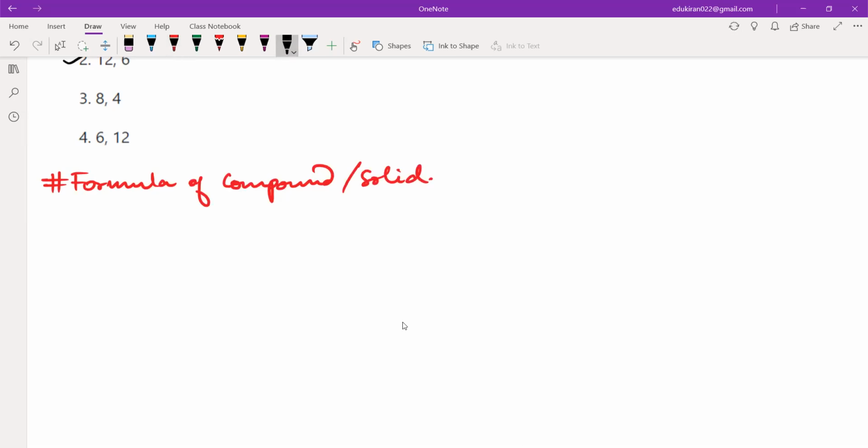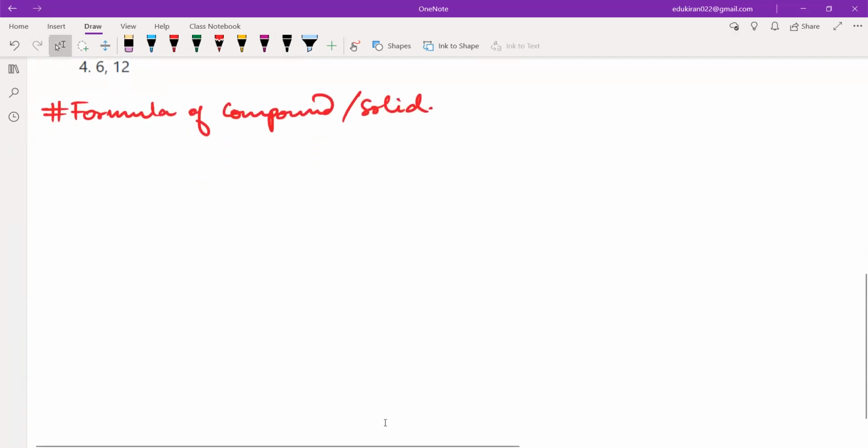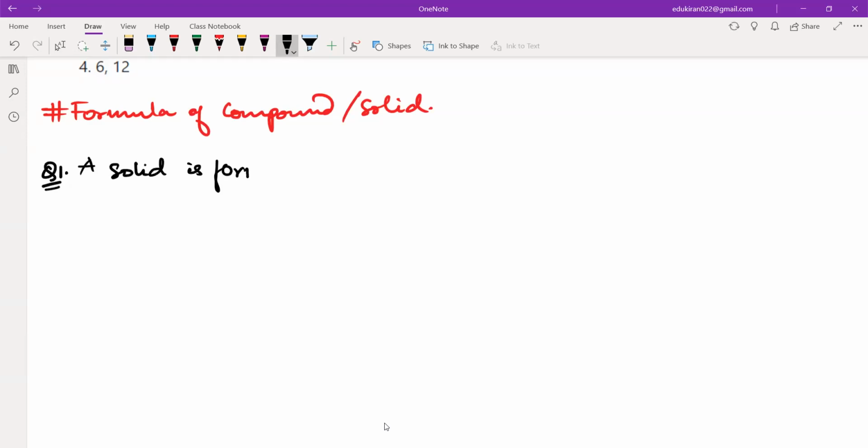Okay, so let us start with type 1. In type 1 question, what will you be given? You will be given the exact position of the atoms that are present. So let us say you have been given a question such that a solid is formed by two elements, P and Q. Please write this question with me.